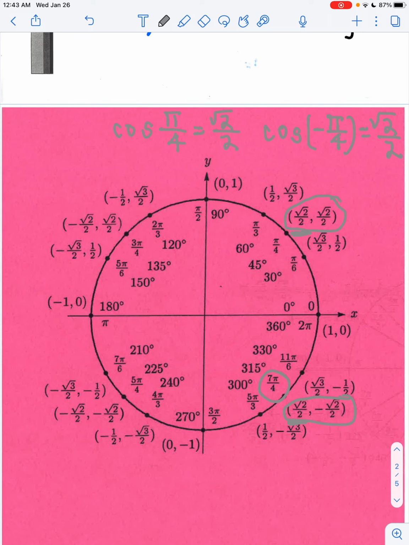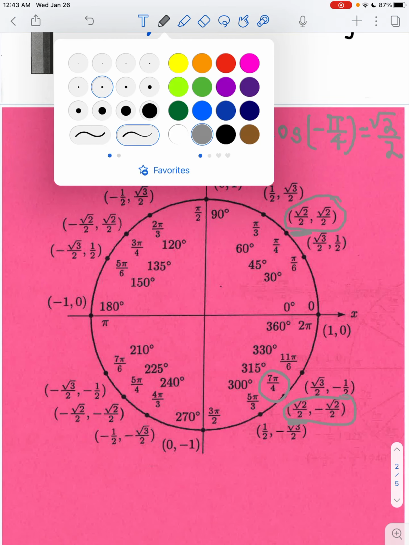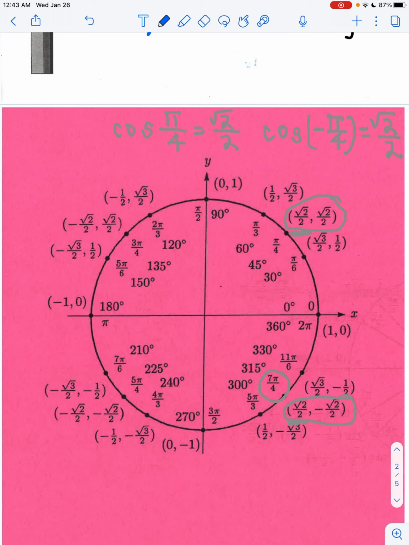That would be true for any position on the unit circle. For instance, pi over 6. If I look at pi over 6, we have square root of 3 over 2, comma 1/2.